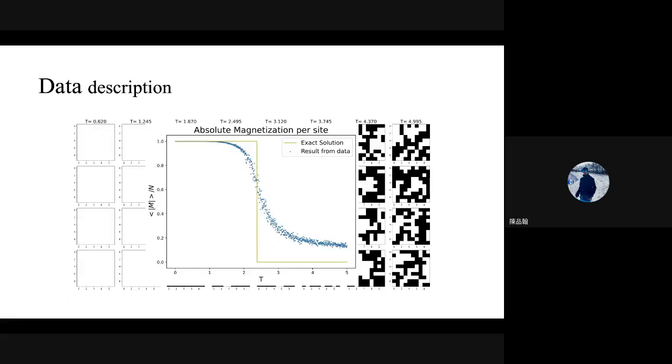We can simply calculate the ensemble average of the energy, and for the energy squared, before the ensemble average, we just calculate the energy of each configuration.